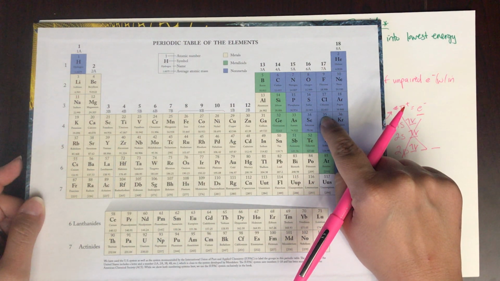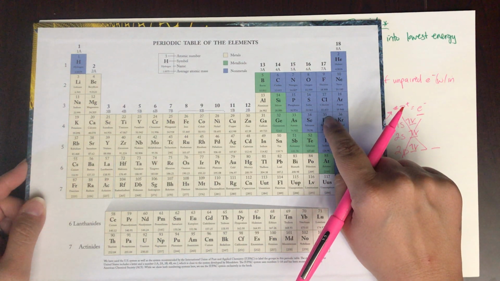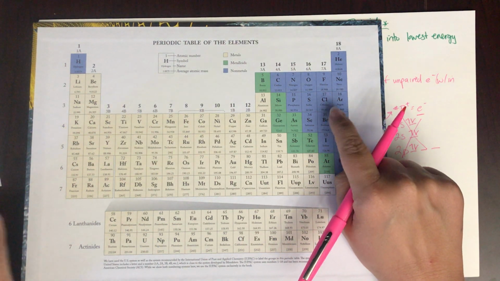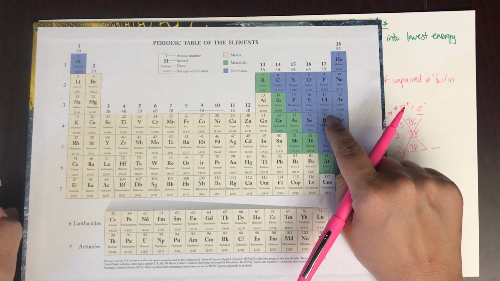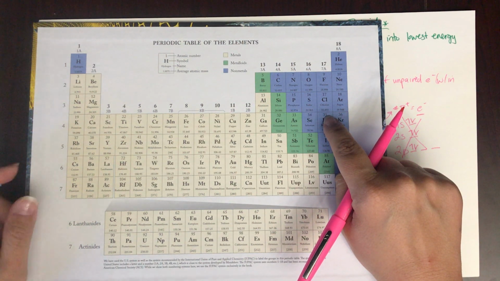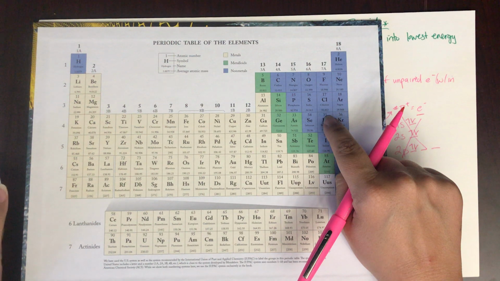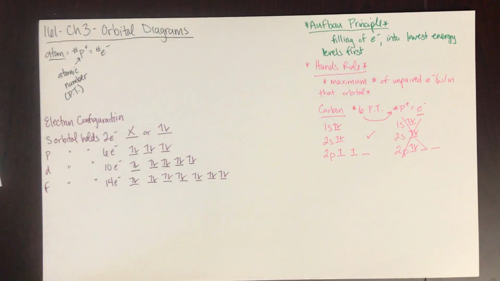So that means I'm going to draw the orbital diagram for bromine and see where these 35 electrons are. Again, I know there's 35 electrons because this is number 35 on the periodic table. The number on the periodic table is the atomic number. It tells me how many protons there are. The bromine atom is charge neutral, which means it also has that many electrons.